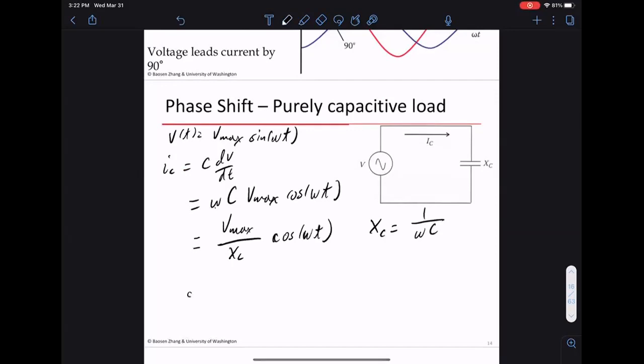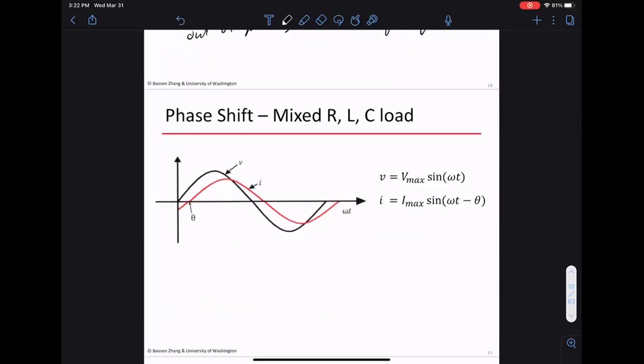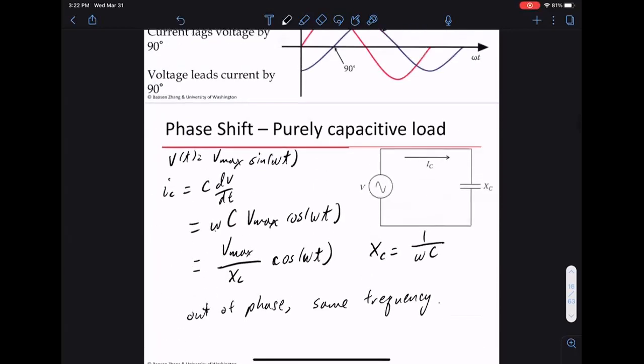So again, out of phase, same frequency. It's a similar story to what we had before. Any questions about capacitors?